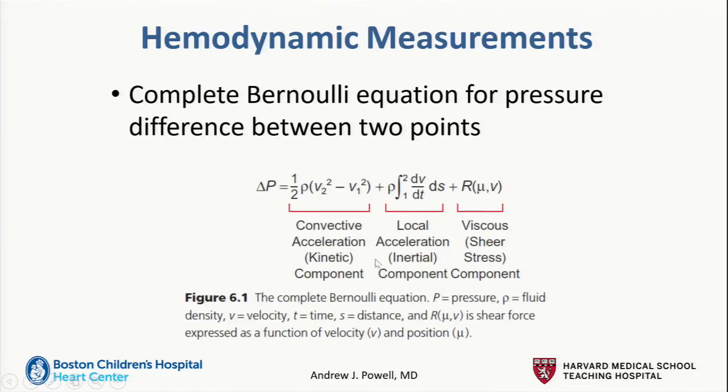So with that background, I'm going to show you the complete Bernoulli equation, and the purpose of this equation is to help you calculate the pressure difference between 2 points in space or along the path of blood flow. And I'm showing you the full equation because in the steps it takes to get to the typical standard Bernoulli equation that you're comfortable with or used to, there's some important points that come up.